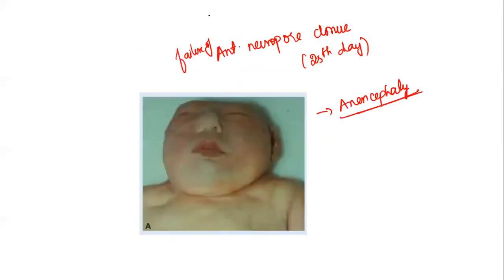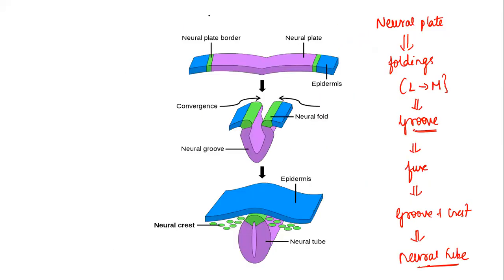Right, so what are these neural crest cells? We saw that some of the cells from the neuroectoderm migrate along with the neural tube. Those are called neural crest cells. Once the detachment takes place, the neural crest cells are going to be present along the mesodermal layer.